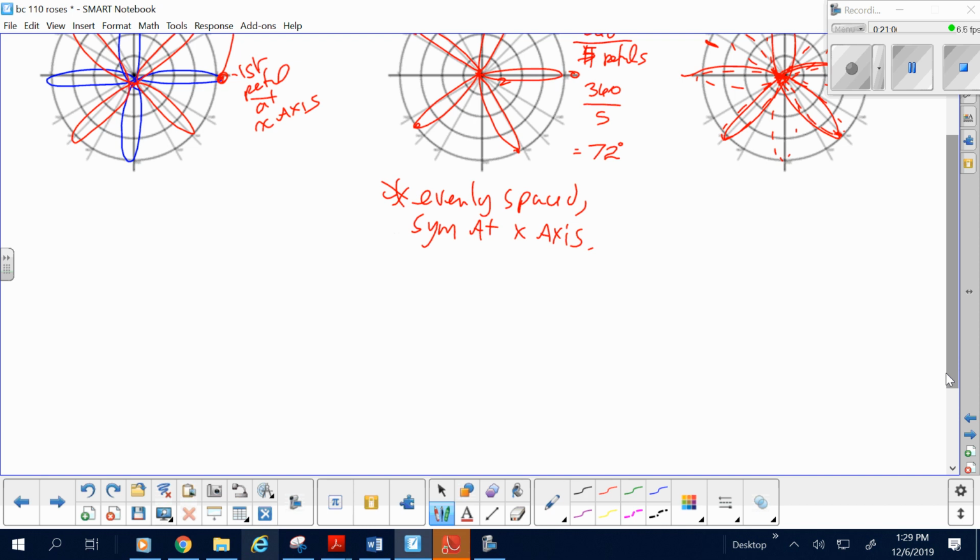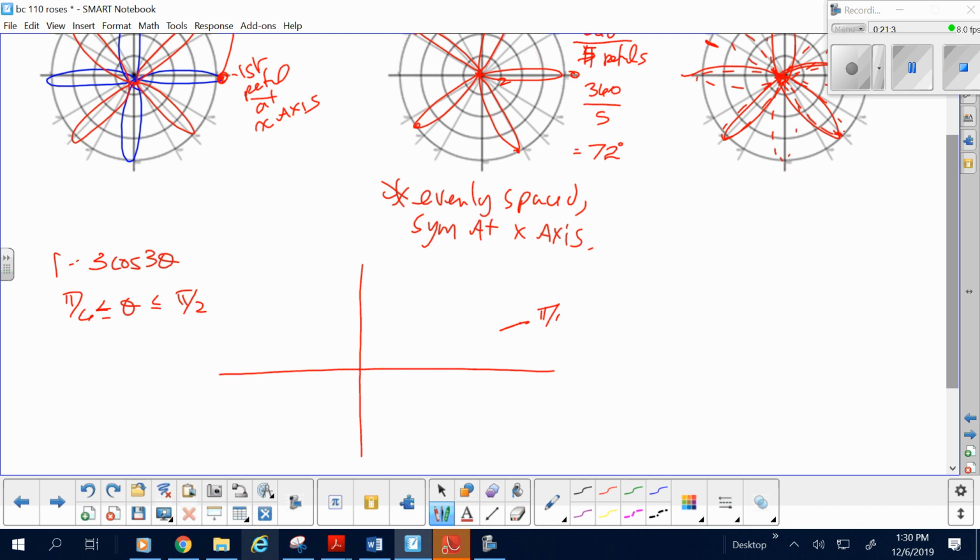I don't have it in my slides. Imagine every pi over 6 would be interesting.